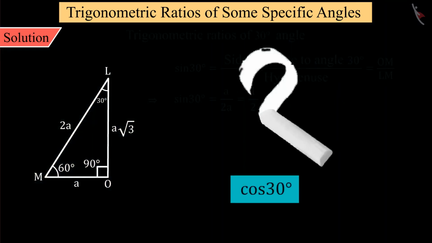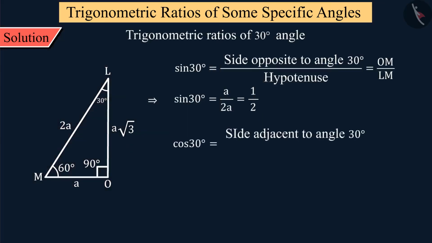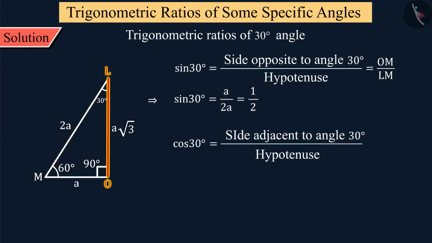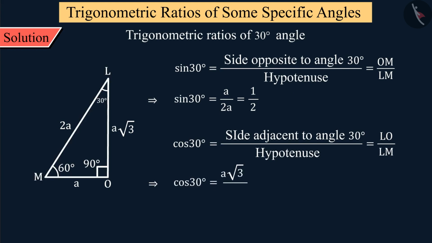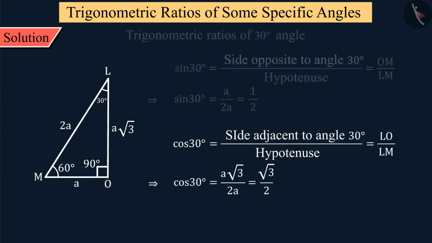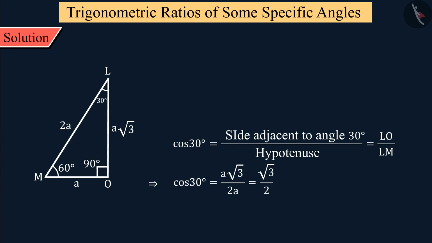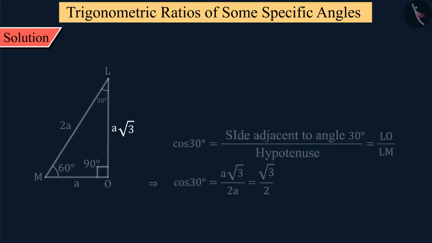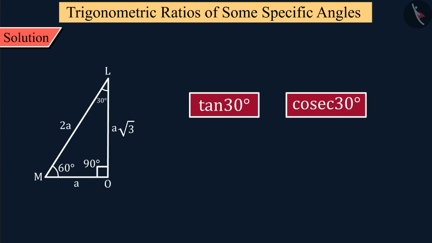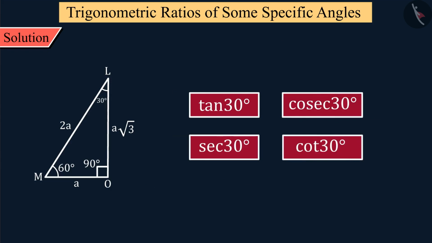So, can you tell me what will be the value of cos 30 degrees? Well done! Find the ratio of the adjacent side of the angle L and hypotenuse, which when solved, obtains the square root of 3 upon 2. Similarly, we obtain the value of trigonometric ratios tan, cosec, sec and cot 30 degrees.